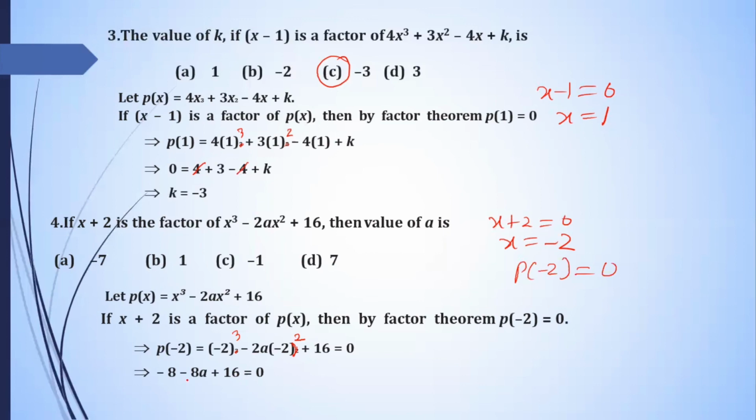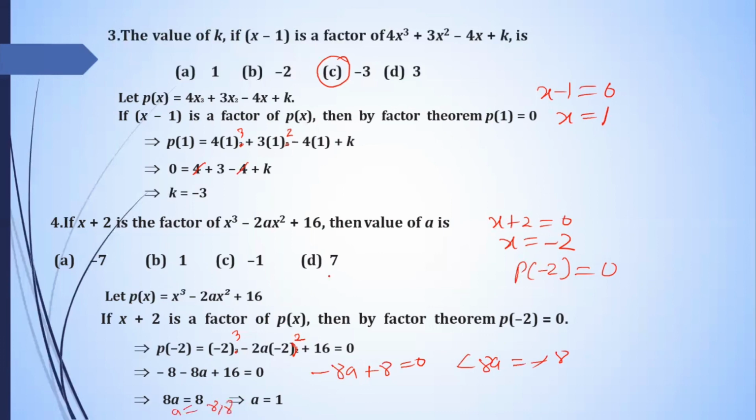So we get minus 8a plus 8 is equal to 0, wherein minus 8a is equal to minus 8, and that is how you get a is equal to 1, because the value of a is 8 upon 8, which is equal to 1.